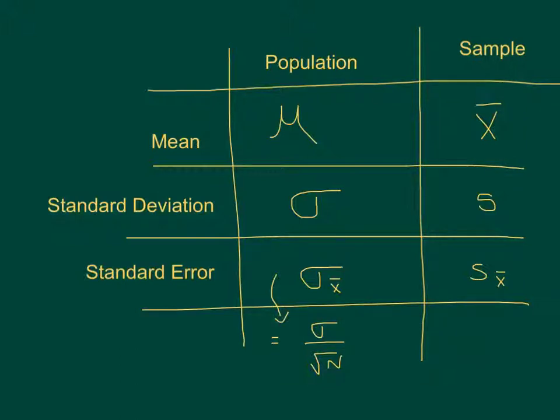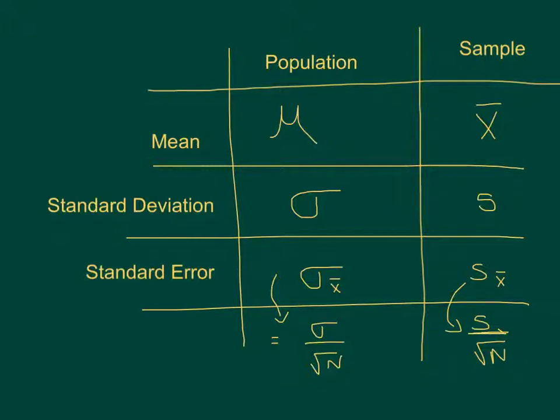Whereas for a t statistic, we're not going to know sigma. So we're going to do this s, not s sub X bar, s divided by the square root of our sample size, and that's how we get s sub X bar.